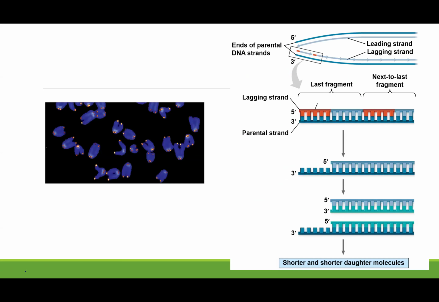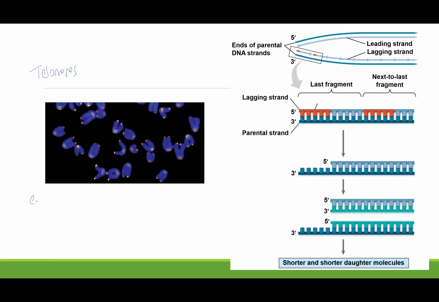So there's a weird thing that happens with linear DNA. So in E. coli, we're talking about circular DNA, and you go all the way around the circle and you're making the complete circle, but when we're talking about our chromosomes, we're talking about linear DNA, so long strands of DNA. And so what happens as we move to the ends of these strands? The end of the lagging strand can't be replicated because there is no 3 prime.